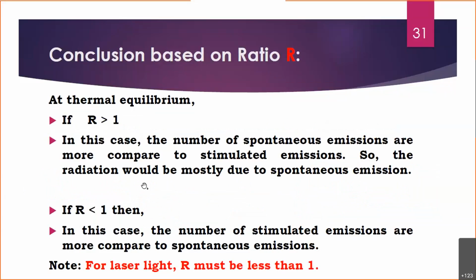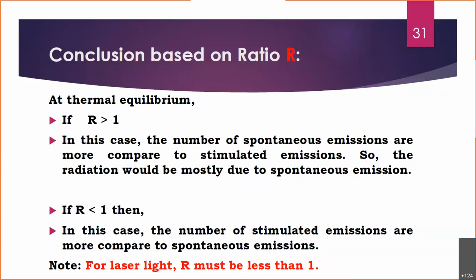So what are the things we obtain from the value of R? As I said, I'm emphasizing again that R is nothing but the ratio of spontaneous to stimulated emission processes.